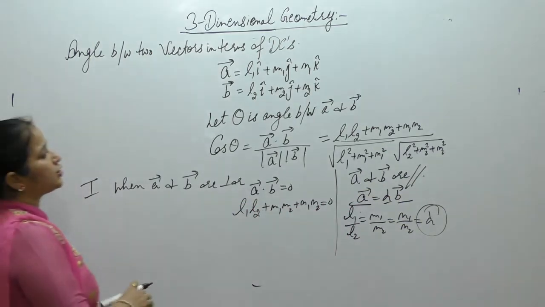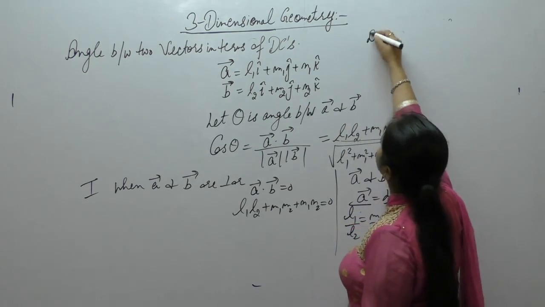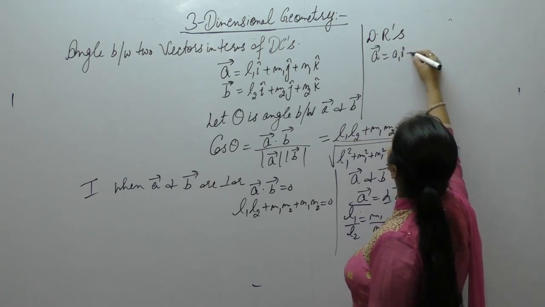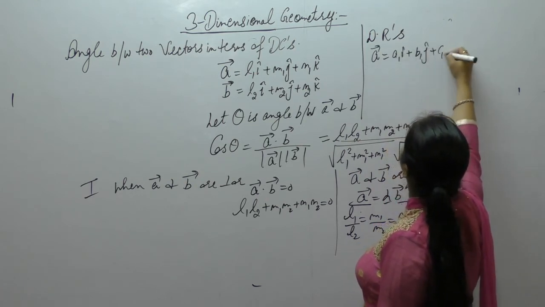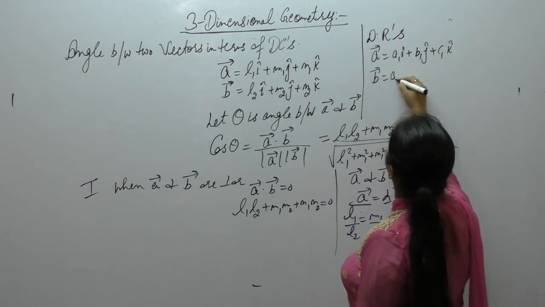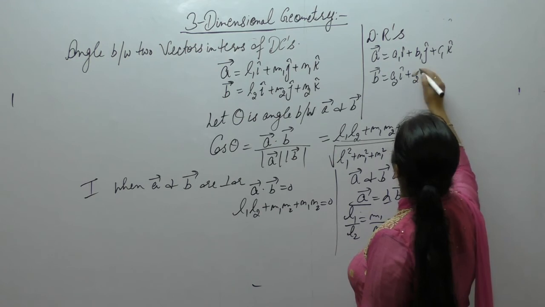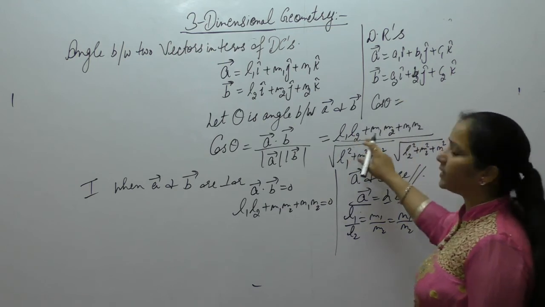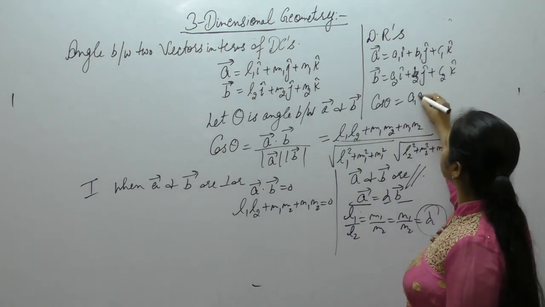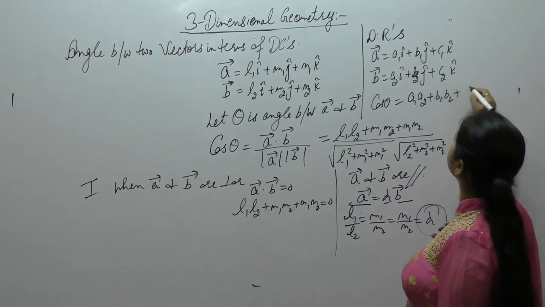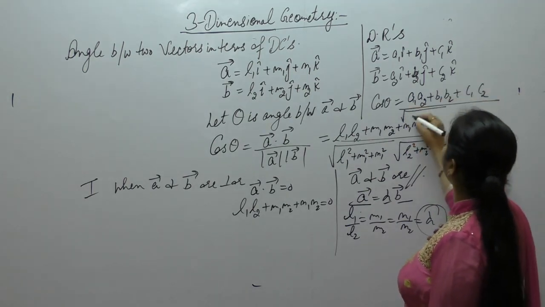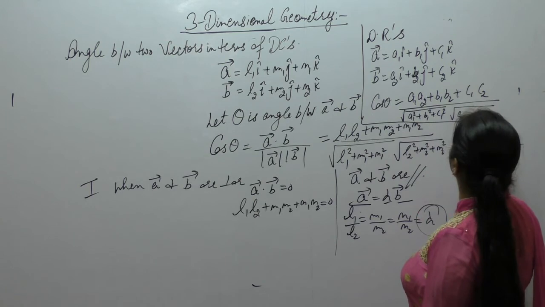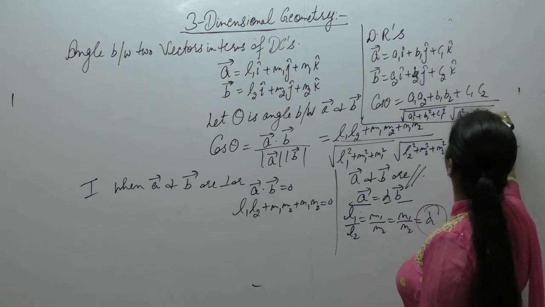And if the direction ratios are given, let A vector be A1 i plus B1 j plus C1 k and B vector be A2 i plus B2 j plus C2 k. Then cos theta, instead of direction cosines, here we get direction ratios: A1 A2 plus B1 B2 plus C1 C2 upon square root of A1 square plus B1 square plus C1 square and square root of A2 square plus B2 square plus C2 square.